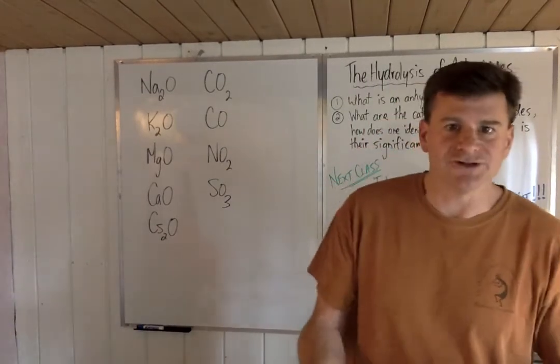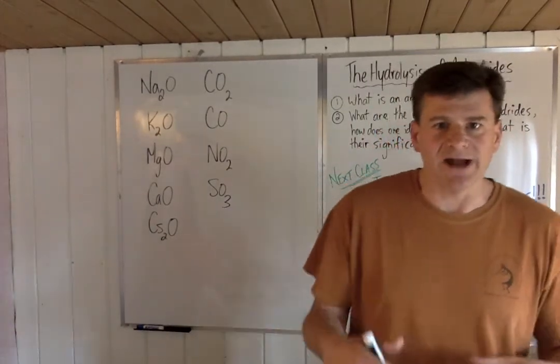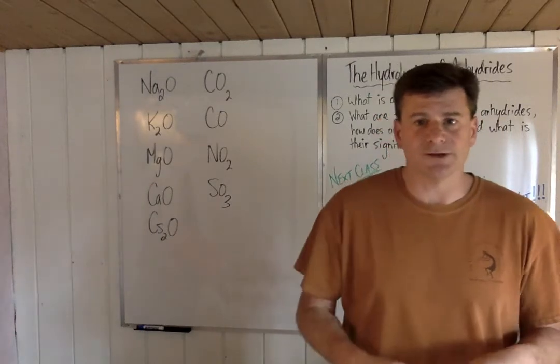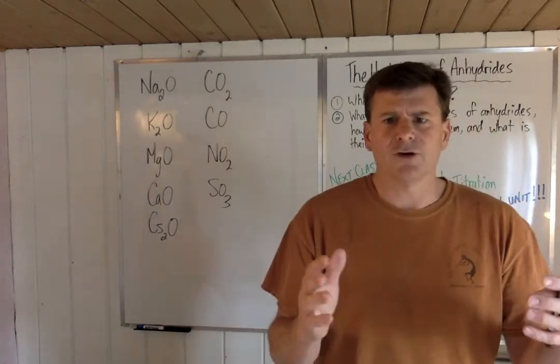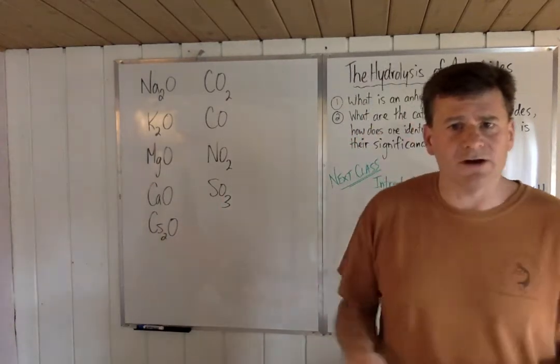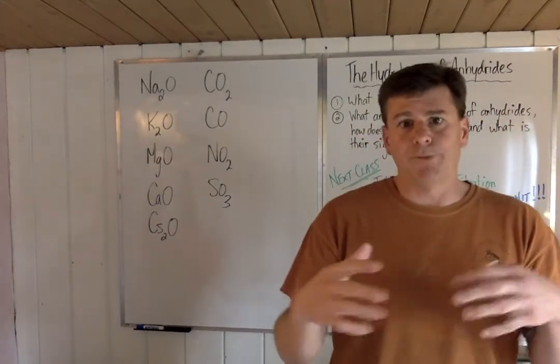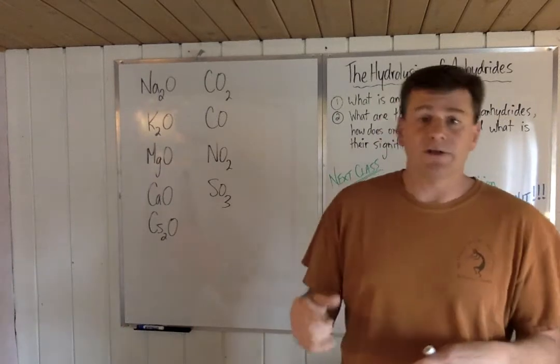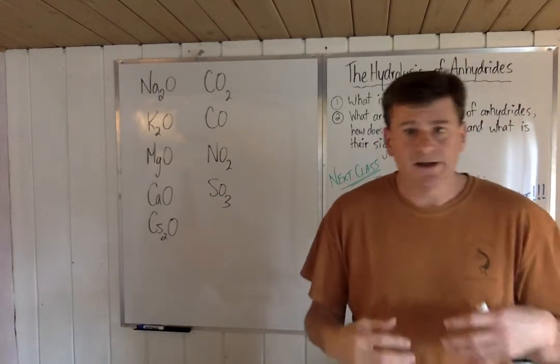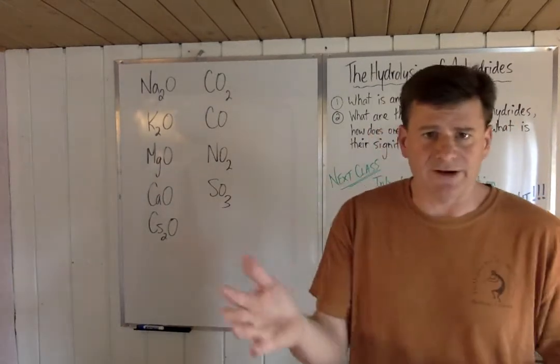You could also get nitrogen monoxide and nitrogen trioxide, and there's other things that also form. And they're the covalent ones. You'll notice the ones on the right are all covalent. You get different kinds of bonding combinations. When you're talking about the ionic ones over on the left-hand side, those tend not to have variations.